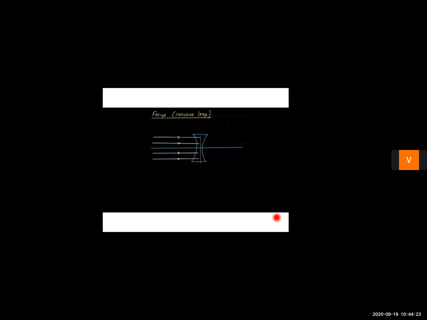And in concave lens, the incident rays are going to diverge, right? Let's see that part also. Next is your principal focus for your concave lens. So here also children, as you can see, we are considering those light rays which are parallel to principal axis, right?